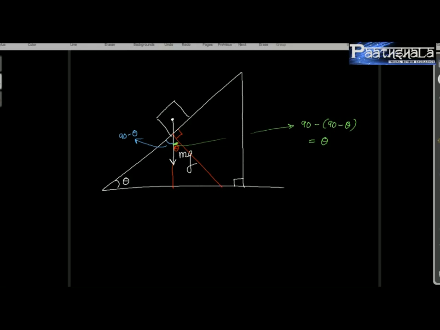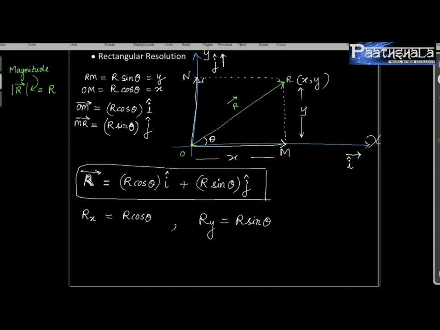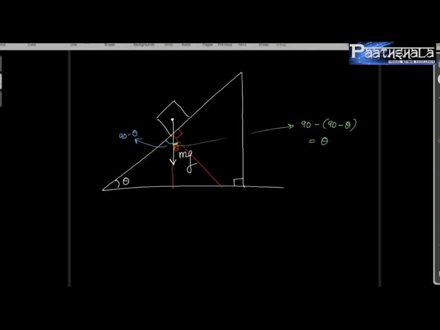And as we have seen in the previous slide, if a vector is to be resolved in rectangular axes or rectangular coordinates, then towards the angle theta comes the cos theta component of the vector, and away from the angle theta comes the sin theta component of the vector. We'll apply this principle over here and try to resolve the vector mg.